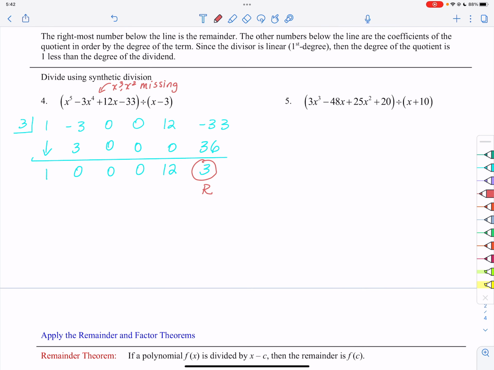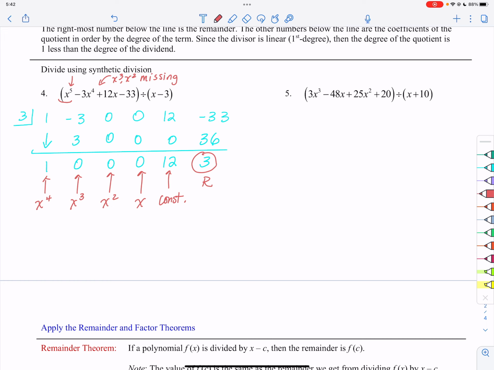Now, if you notice, we had x to the 5th power, so this coefficient is going to represent x to the 4th, and so forth. And we won't write that every time, but we will write what this is equal to.